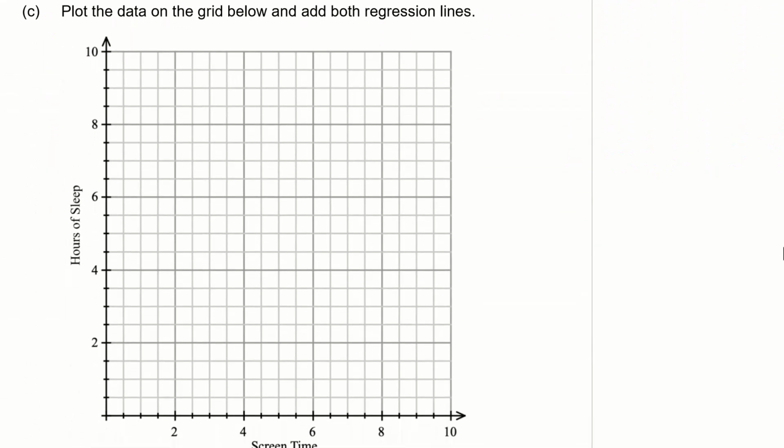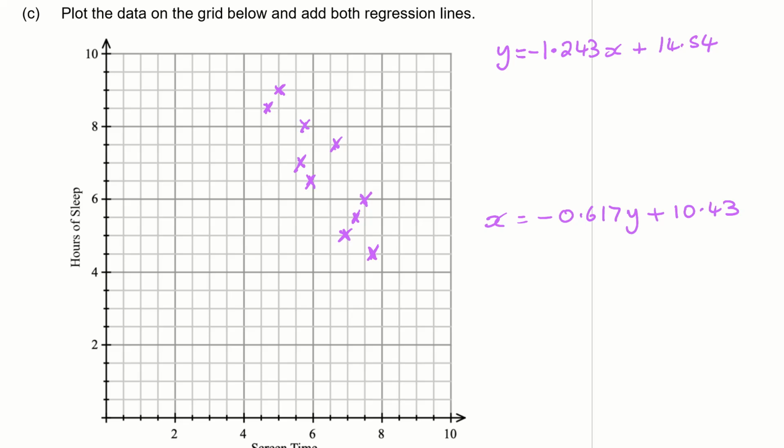Now we're asked to plot the data on the grid below and add both regression lines. So I am just going to pause and put the points on the grid. Okay, so I have the points on the graph. Now for my y on x, which is this one up here, and I've written that a bit weirdly, let's just try that again, y on x, and then down here I've got the x on y.